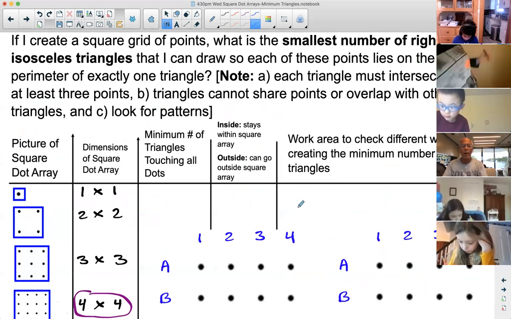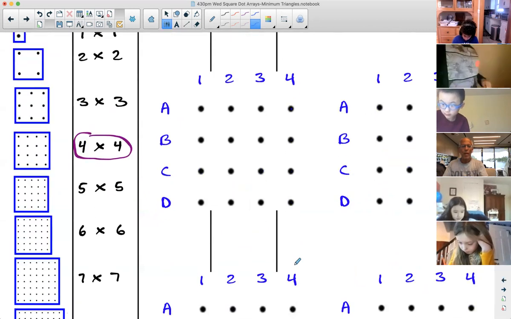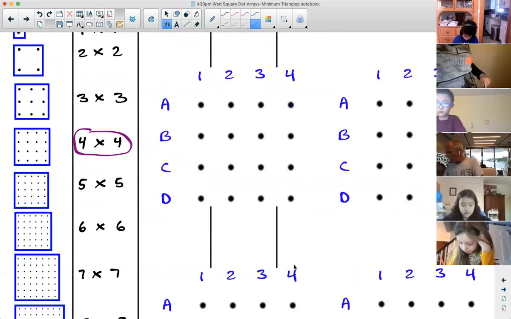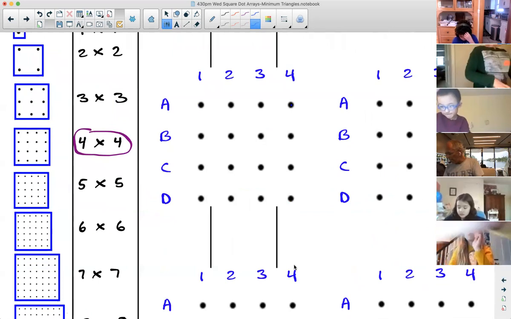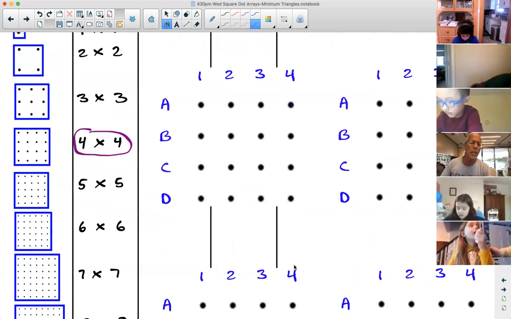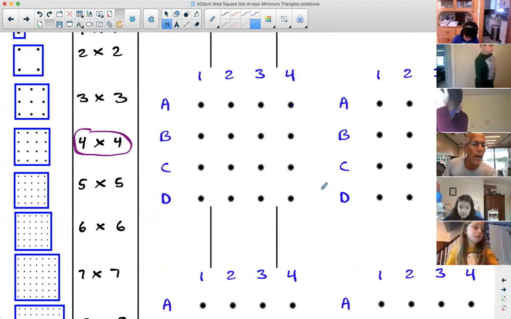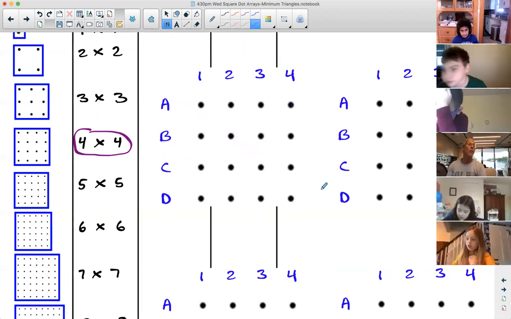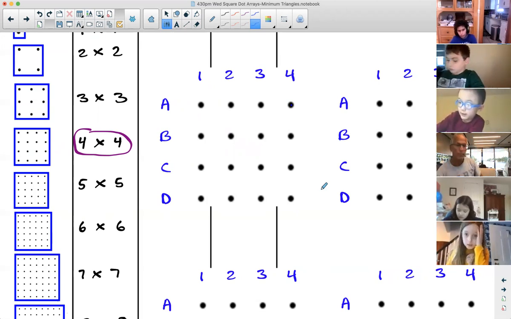I want everybody on page 3, and I want everybody to now find the only solution. There is only one solution for a 4x4. And I'm not going to tell you if it's outside or inside, and I'm also not going to tell you how many triangles. So I want you guys to really push yourself. I thought we were on 5x5.